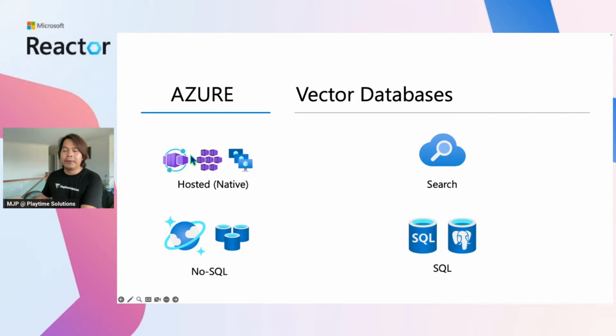However, the options out there, if you're native in Azure, if you're going to go through a search approach, you might be looking at something like Azure AI Search, and your AI Search capability becomes your vector storage. Hence, that becomes your vector database. And if you want to go through a NoSQL route, you can use Cosmos DB or Redis on Azure. And if you want to go through SQL, you can use something like Azure SQL or Postgres Flex Server.